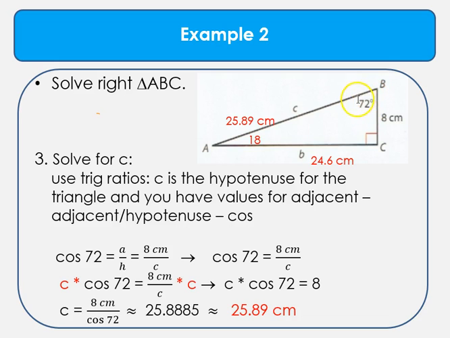Well, for angle B, or 72 degrees, adjacent over hypotenuse would be cosine. That comes from SOHCAHTOA, so CAH, adjacent over hypotenuse. So let's go ahead and put that in our ratios. Cosine 72 is adjacent over hypotenuse, which would be 8 centimeters over side C.